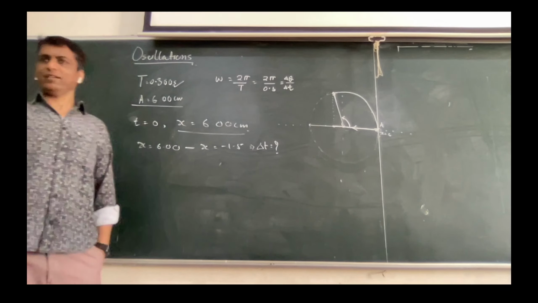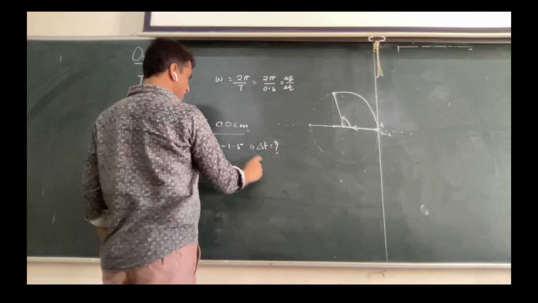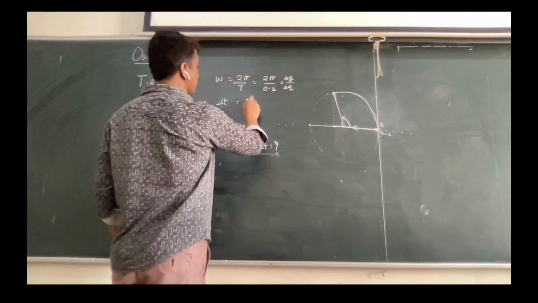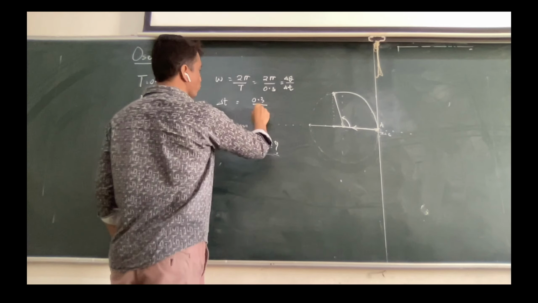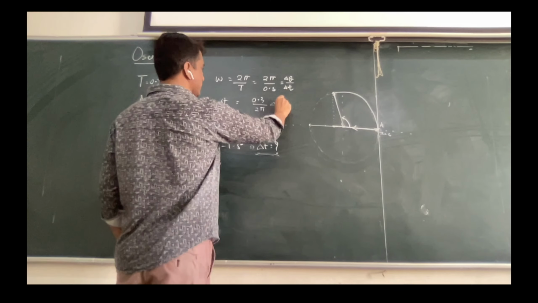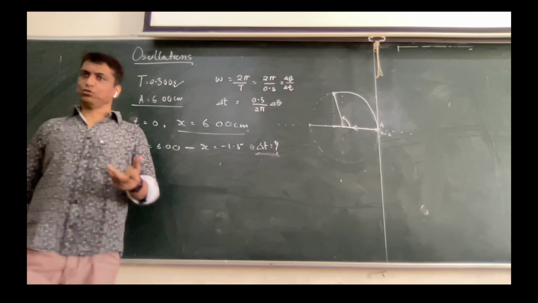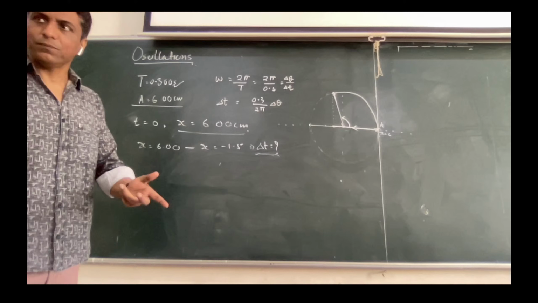Am I right? So what is delta T, which I'm interested in? It is 0.3 by 2 pi into delta theta. Right? So I want to know what is delta theta.